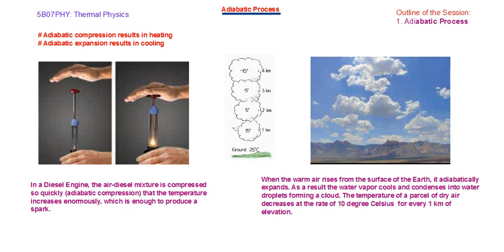So this is a very simple illustration of the adiabatic process, and especially adiabatic compression that results in heating. So I have concluded here that an adiabatic compression will result in heating.